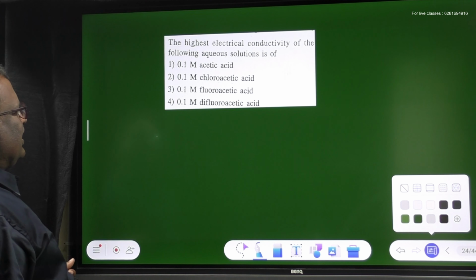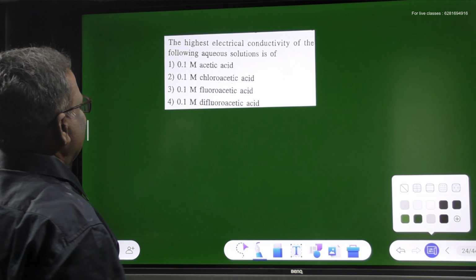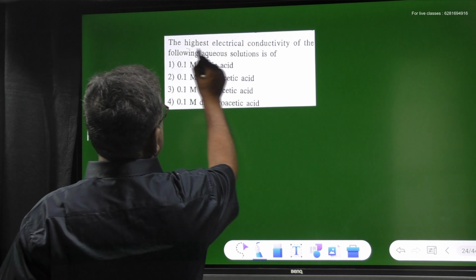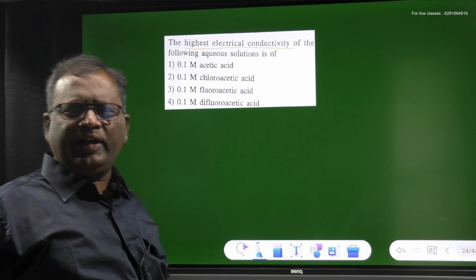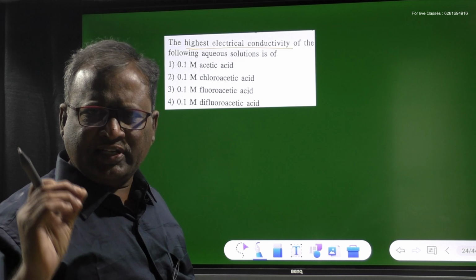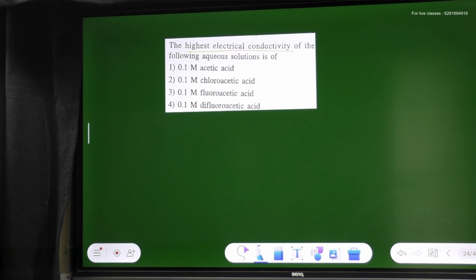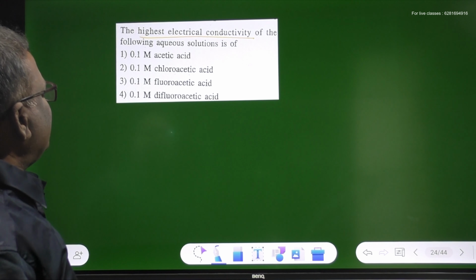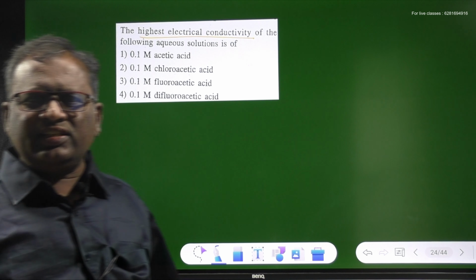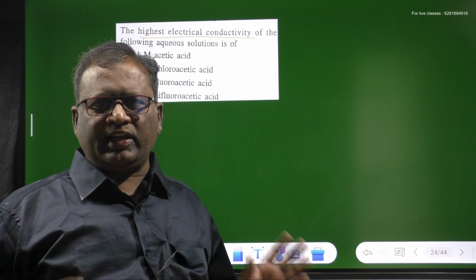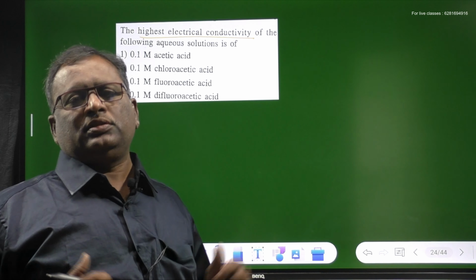The highest electrical conductivity of the following aqueous solutions. Electrical conductivity will depend upon the number of ions present in it. Highest electrical conductivity will depend upon the number of ions.